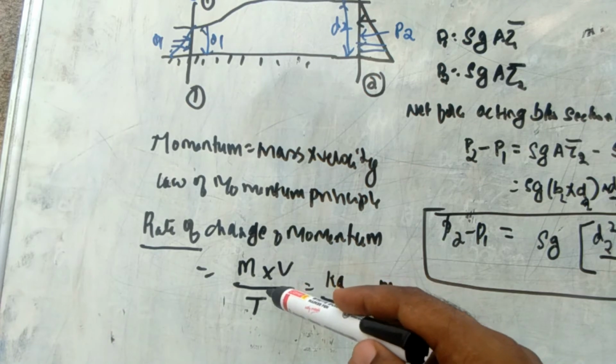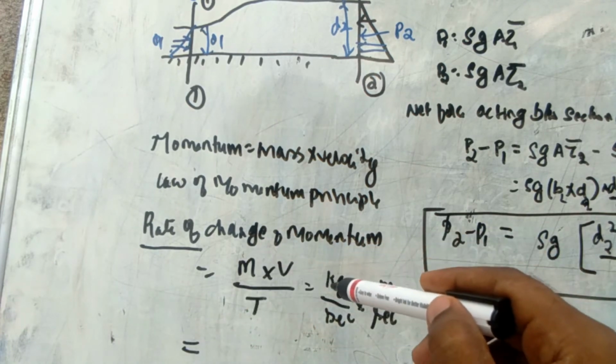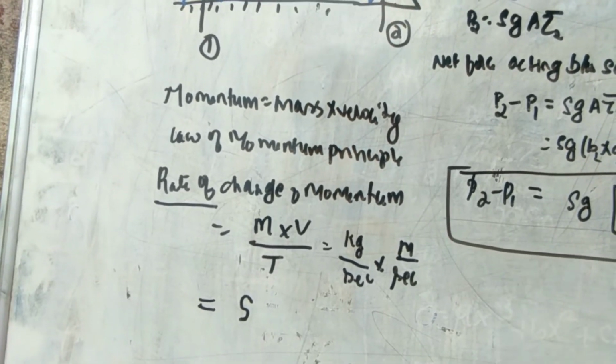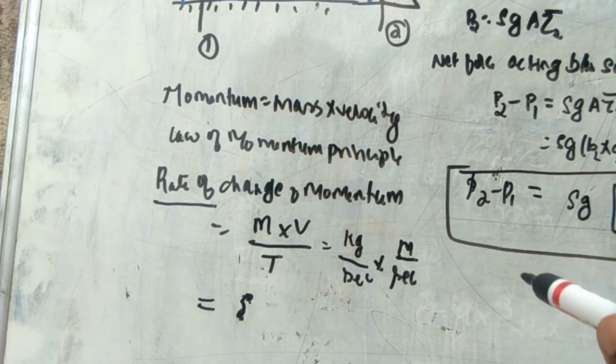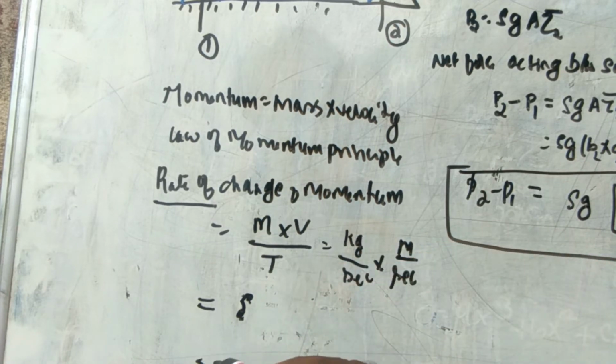So first we need to bring here kg. How can we bring kg here? I can bring density here, and density is equal to that.